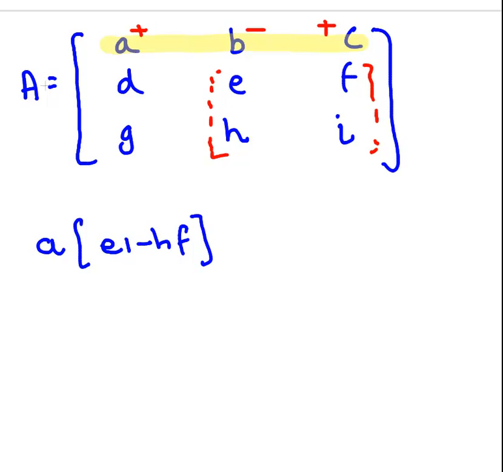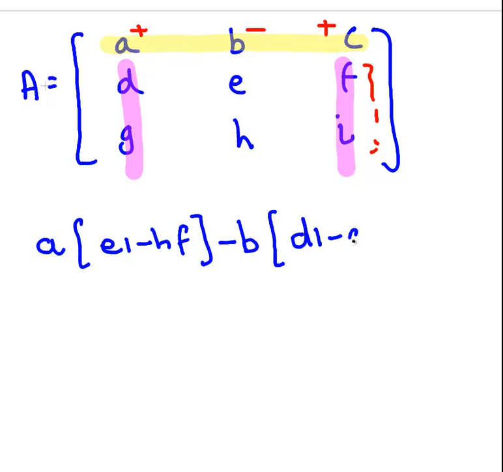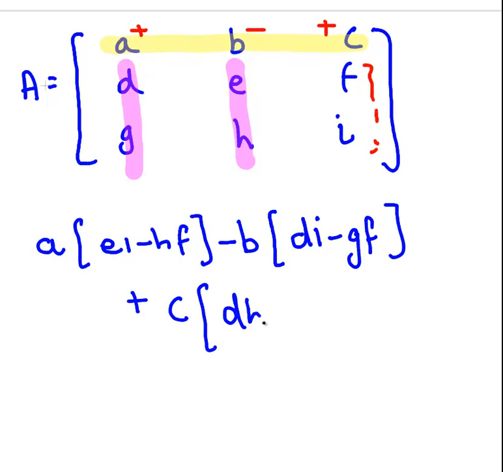Then the next one is for the submatrix for B, which is these two elements and these two elements here, so that's minus B times D times I minus G times F. Finally, the determinant of the submatrix for C is DH minus EG, or GE, doesn't really matter, and again, C is in a plus position according to the sign array.